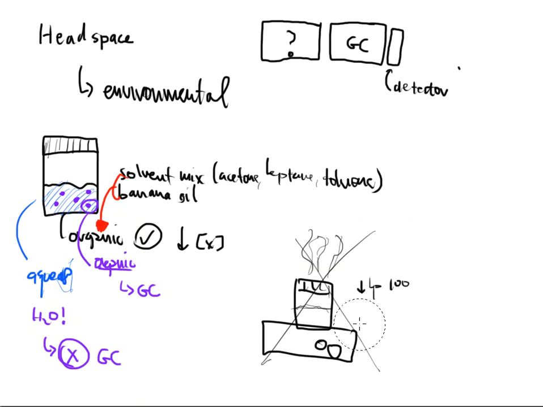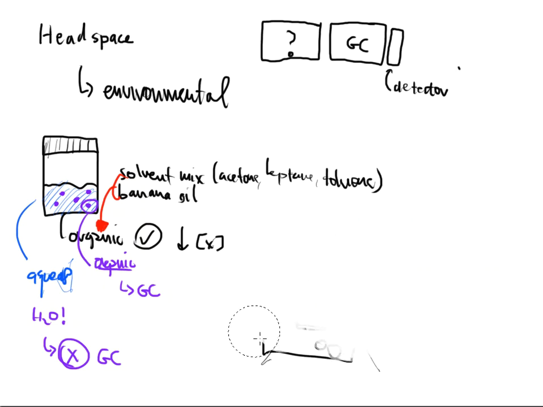Okay, so let me erase this diagram. That option's not going to work for us. So we have another option. What if I take this container with the lid and it has some sample in it, and what if I just let it sit? I don't do anything to it at all. So here's the water.